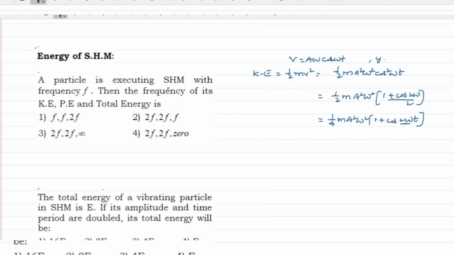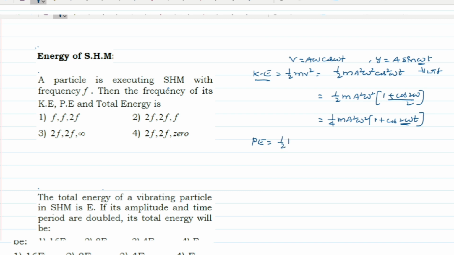The displacement of the particle is a sine omega t, where omega equals 2 pi f, but the kinetic energy varies with twice the frequency. So the kinetic energy varies with a frequency of 2f.